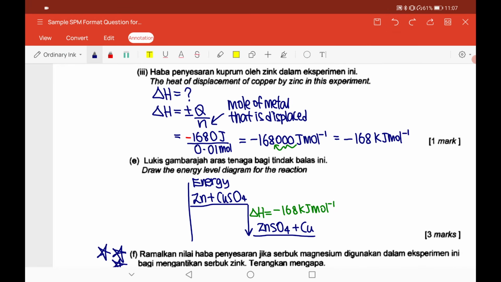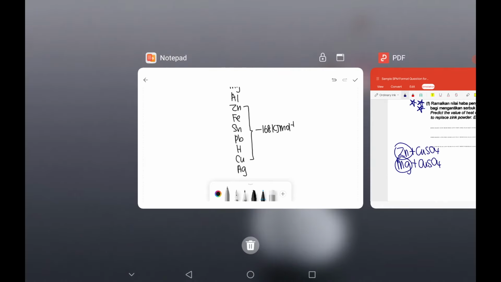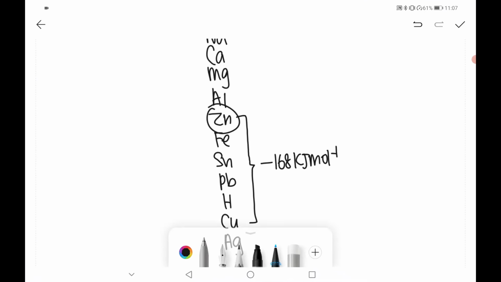Now if they change the zinc with magnesium, what happens? Now we have magnesium and copper. Look at this one, magnesium and copper. Can you see the gap is now even bigger?